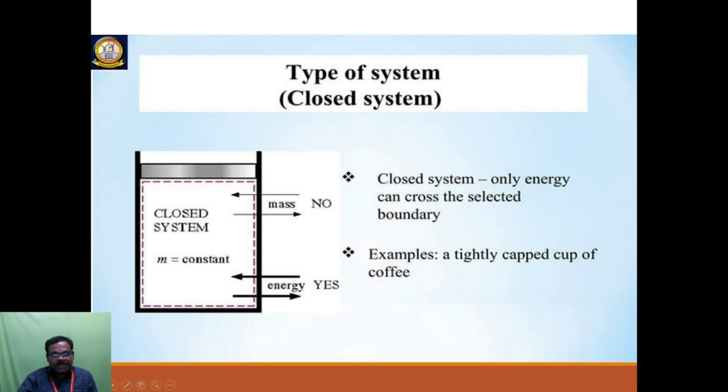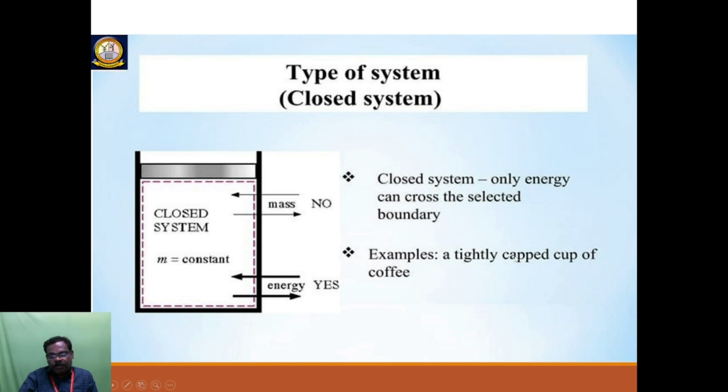Mass is constant. Closed system means only energy can cross the selected boundary. Mass never crosses the boundary of the system. So mass is constant, and this is called a closed system. The example for this one is a tightly capped cup of coffee.